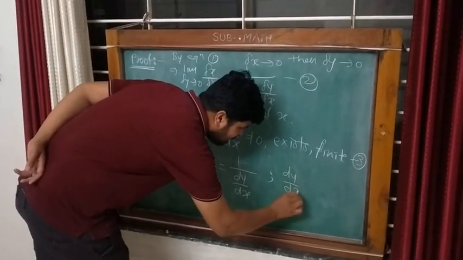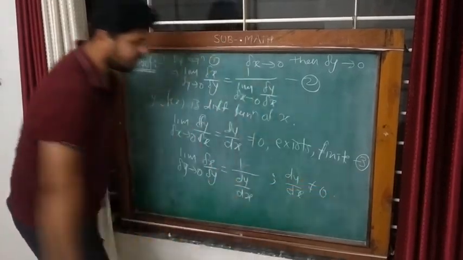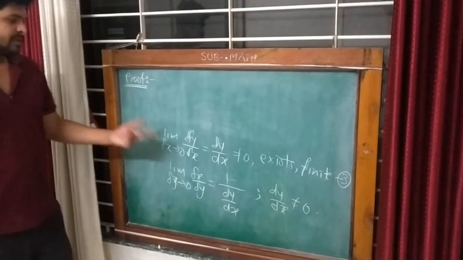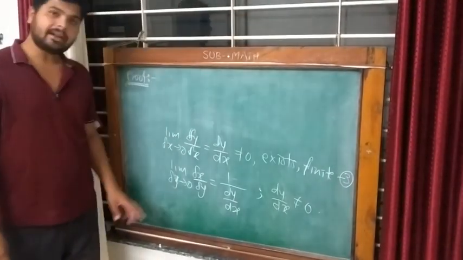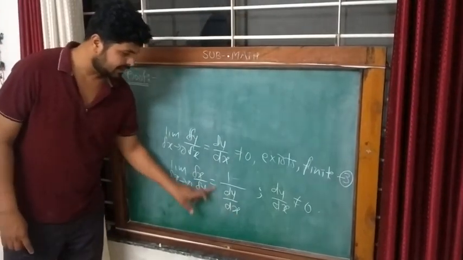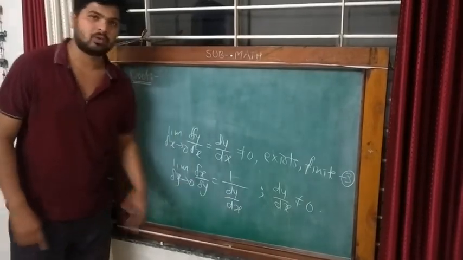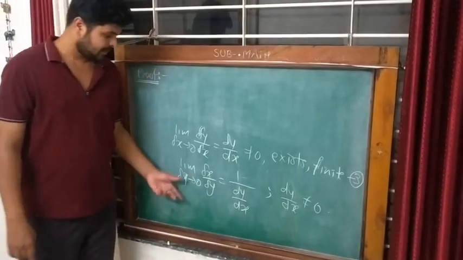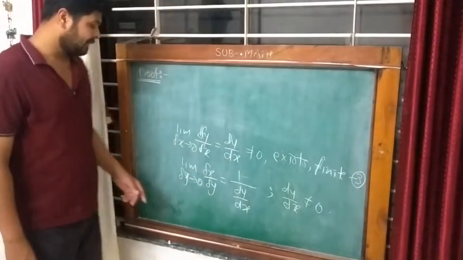So this dy by dx is non-zero. So if you observe equation number 2, then in that equation this part exists and it is finite. So to make this equation balance, this limit also exists, or this limit is also finite and non-zero.